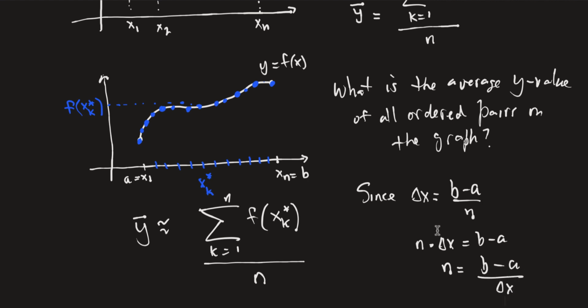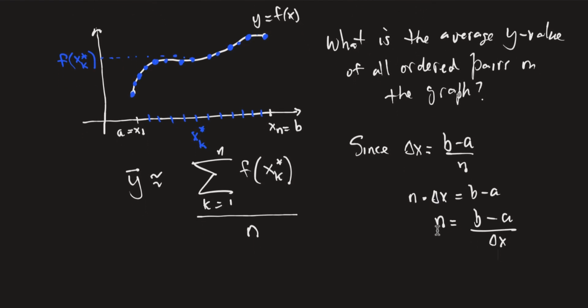So now I can replace what's here in the denominator. But let me write this expression in one other way. Dividing by n is the same as multiplying by its reciprocal. So I can have 1 over n there in front.